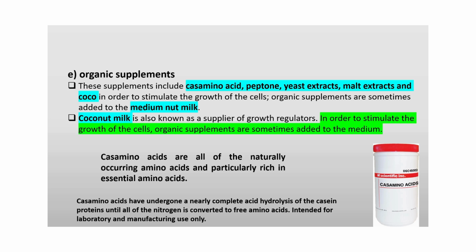Coconut milk is also known as a supplier of growth regulators. In order to stimulate the growth of the cells, organic supplements are sometimes added to the medium.